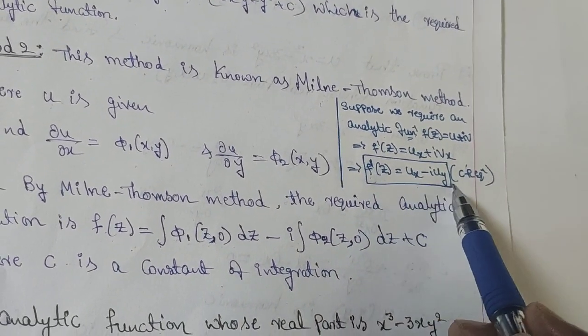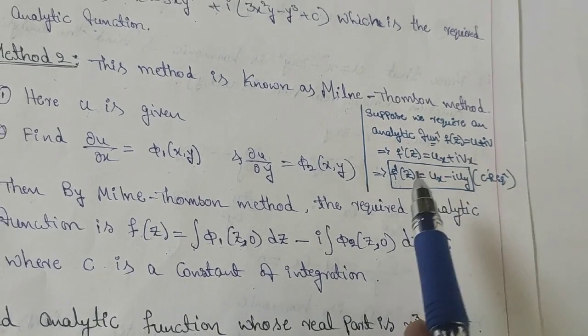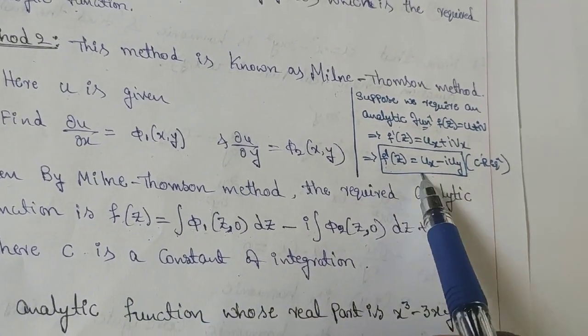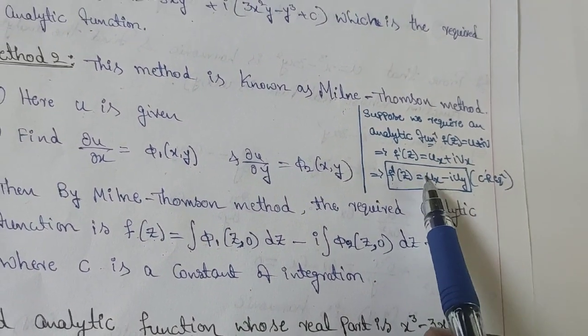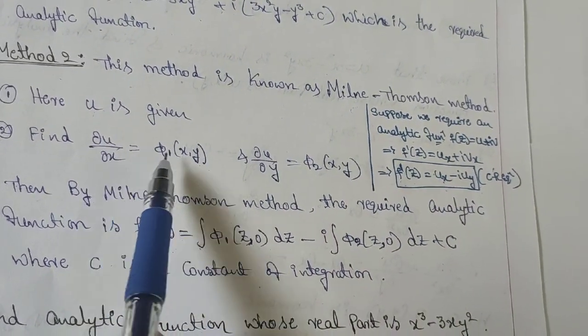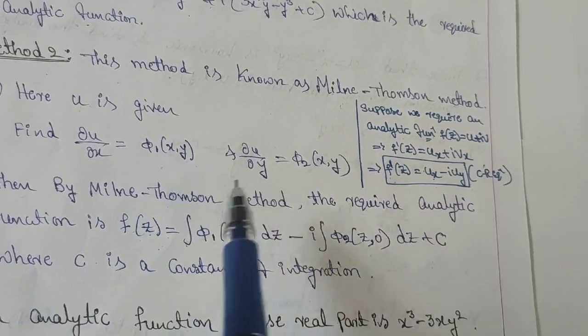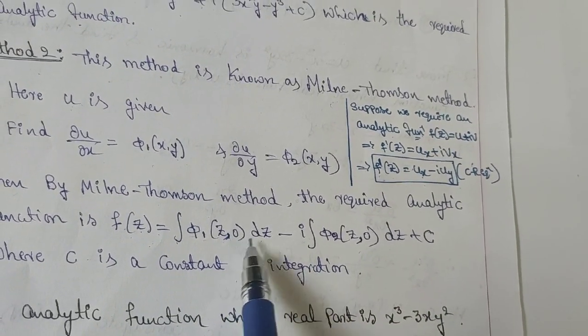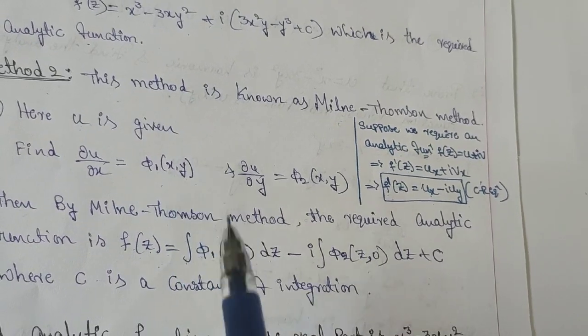Then do the integration here. Integration of f'(z) is f(z), which equals the integral of ux, where ux is phi 1 of (x, y), with respect to dz. So we replace (x, y) by (z, 0).